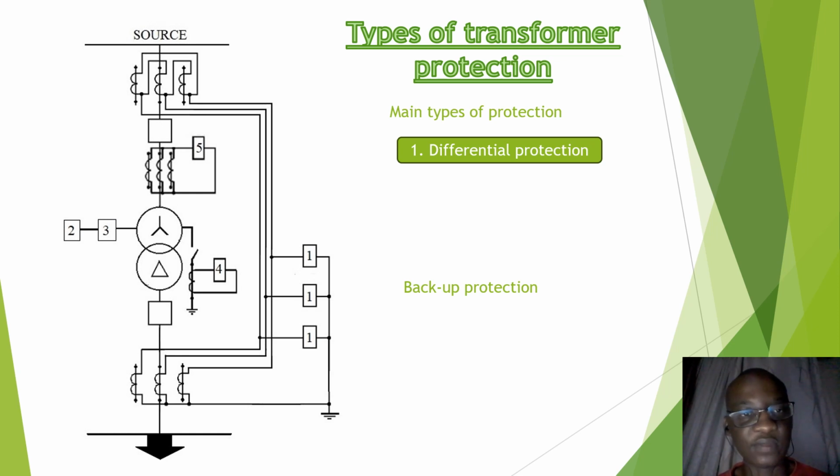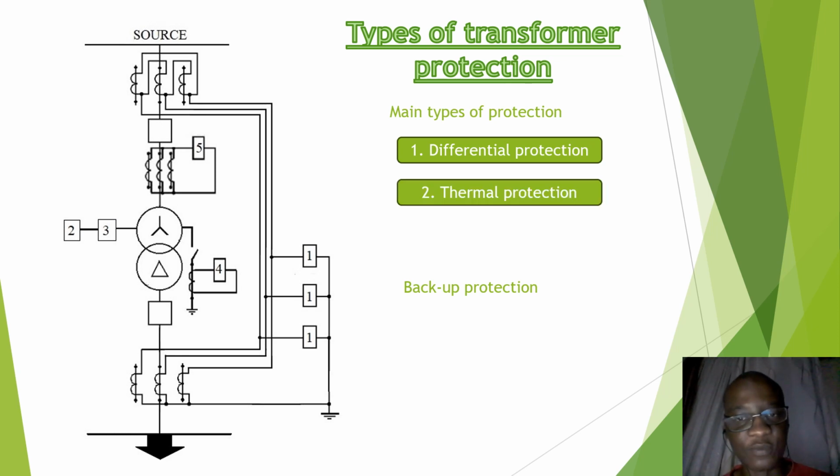It involves measuring the current entering the transformer and the current leaving the transformer. A difference in this current indicates a fault within this protected region, and our protection then, after detecting this fault, quickly works to isolate the transformer and prevent further damage to our system.